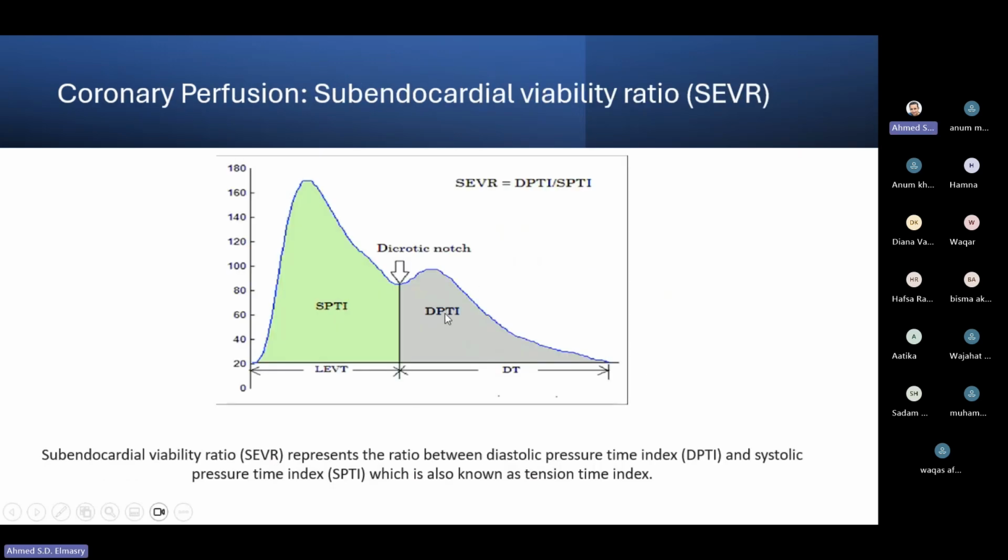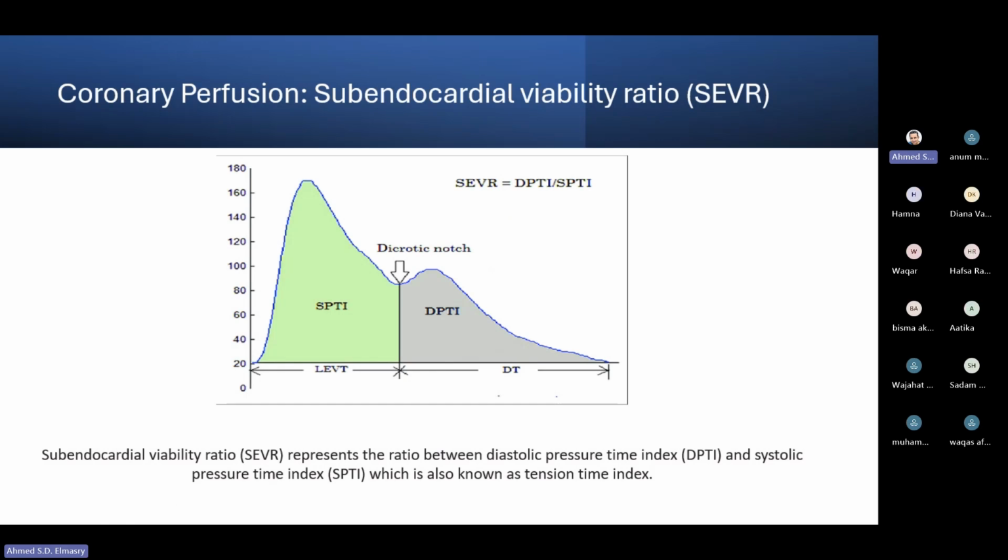If you divide the diastolic pressure time index over the systolic pressure time index, you will get what is called the subendocardial viability ratio. So the ratio between this area under the curve and this area under the curve is called the subendocardial viability ratio.